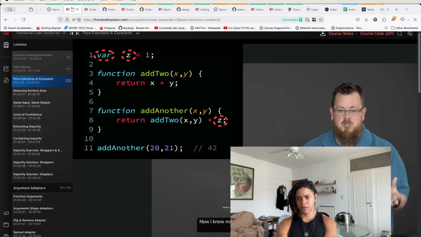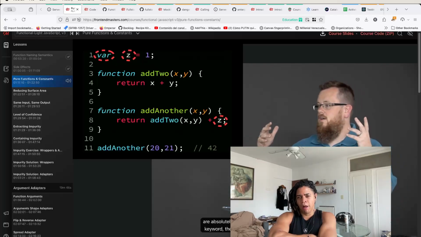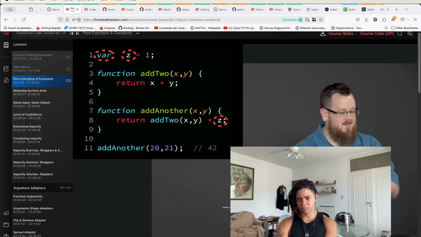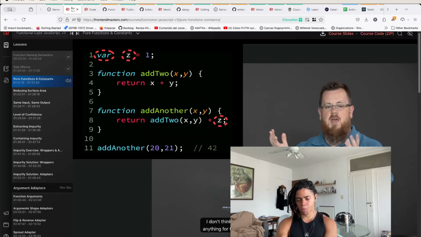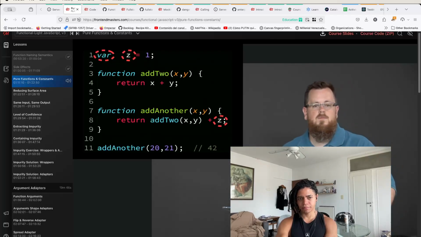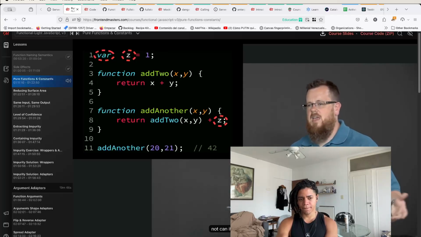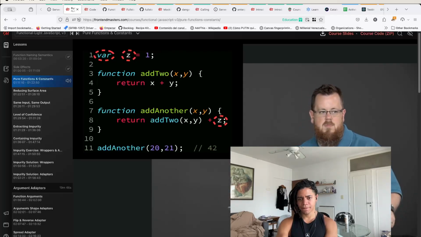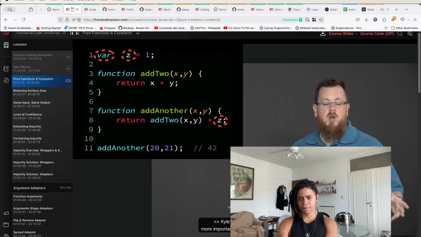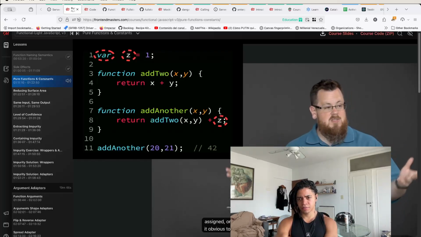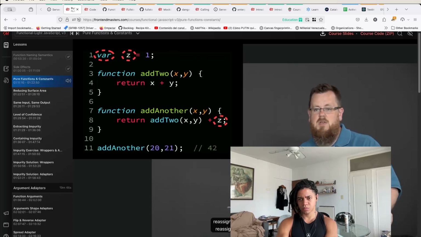Now, I know many functional programmers that are absolutely enamored with the const keyword. They use it all over. I don't think the const keyword buys anything for the functional program, because the real important key is the variable getting reassigned, not can it be reassigned. And in fact, more important even than that is: is it obvious to the reader that it doesn't get reassigned?